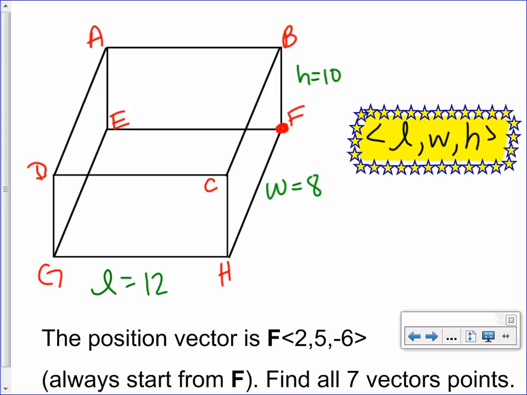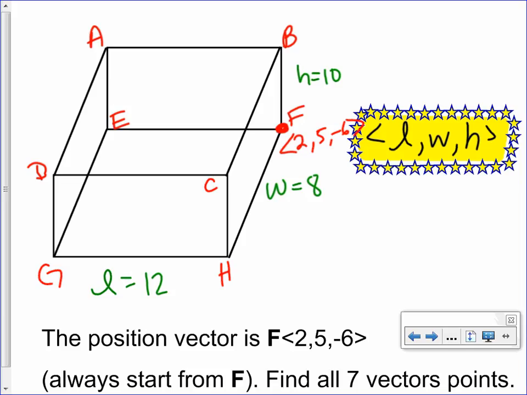So for example, to find vector A, we're moving across the length and up the height. The only thing that doesn't change is the width. To get from F to A, you have to go over then up. So to get to A, you have to add the length and add the height to vector F, which is 2, 5, -6. It's at the bottom.